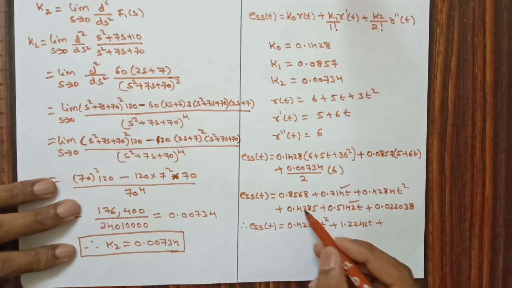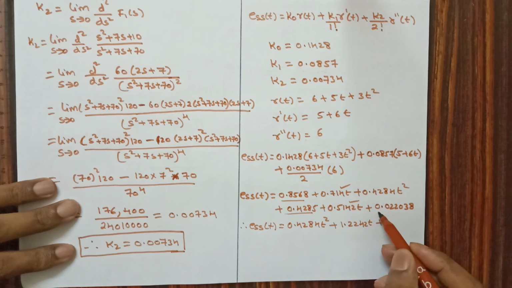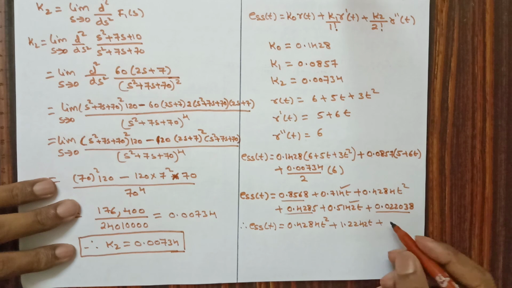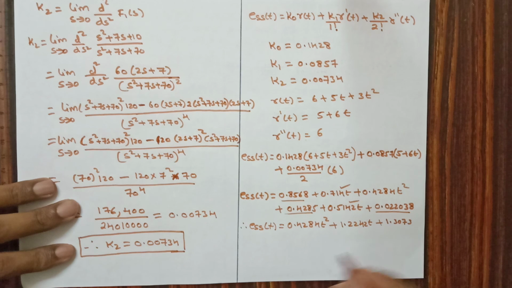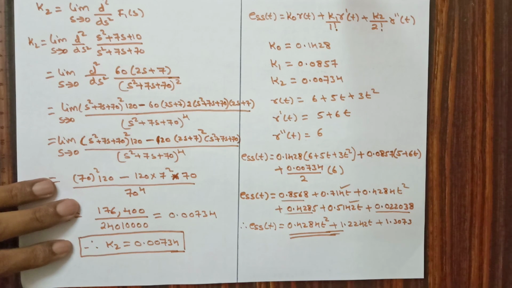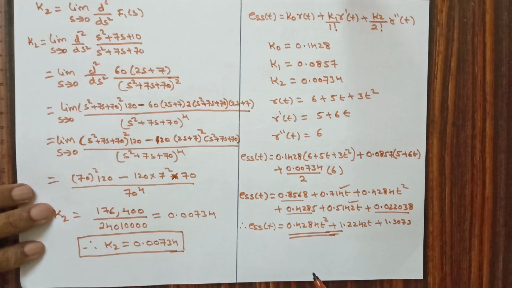Next, by adding these constants, this and this, I will get somewhere 1.3073. So this is the dynamic steady state error. Hope you understood this problem.